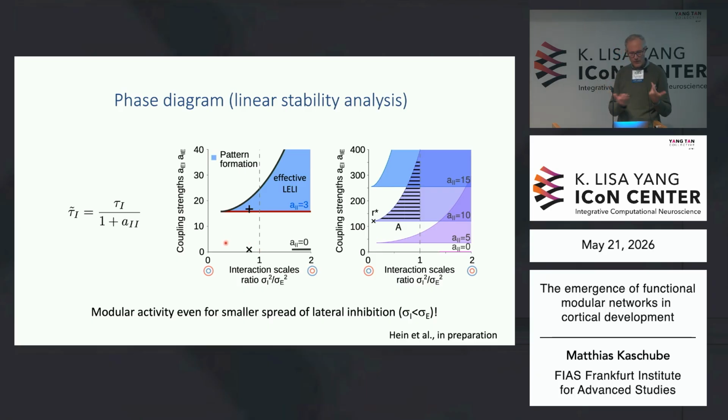Anatomically we don't have a Mexican hat interaction. On the right-hand side, with local self-inhibition, this regime broadens, and the parameter regime in which we have an effective Mexican hat becomes larger and larger. This becomes stronger the stronger the local self-inhibition is. This is just a linear stability analysis, our phase diagram.